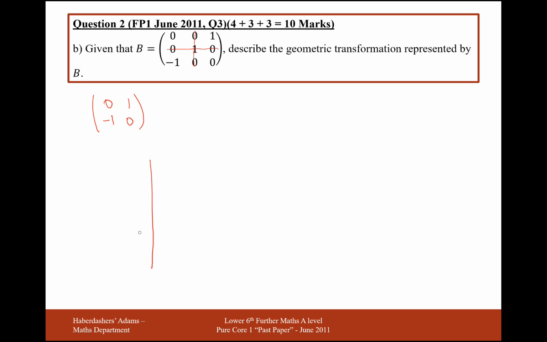Now, what I do is I look for what happens if I apply this matrix to the 1, 0, 0, 1 matrix. This vector here is 1, 0, and this vector here is 0, 1.